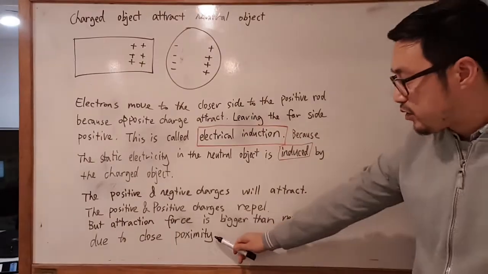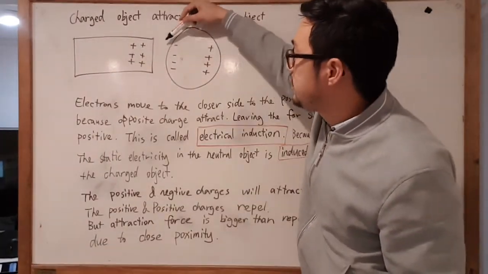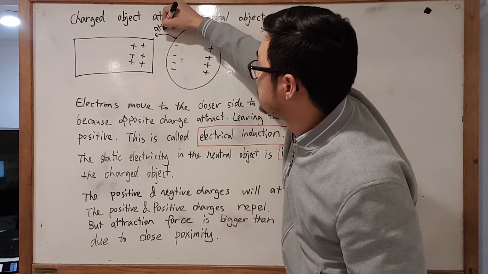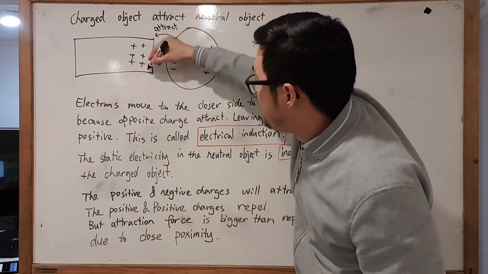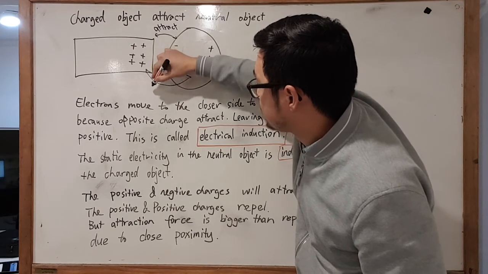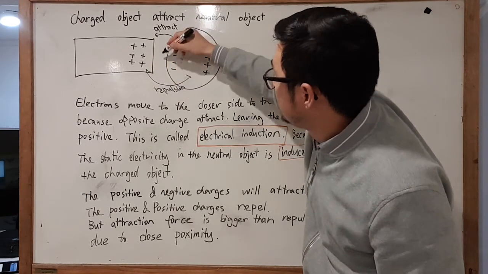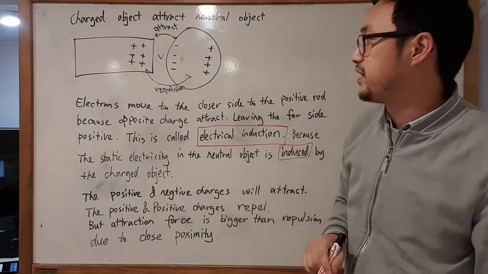Close proximity means this is closer, so this attraction will be bigger than this repel. Attraction is bigger than the repulsion.